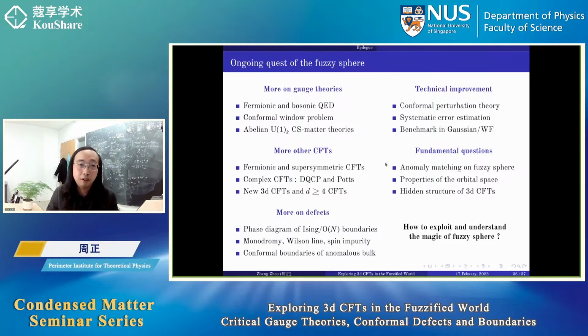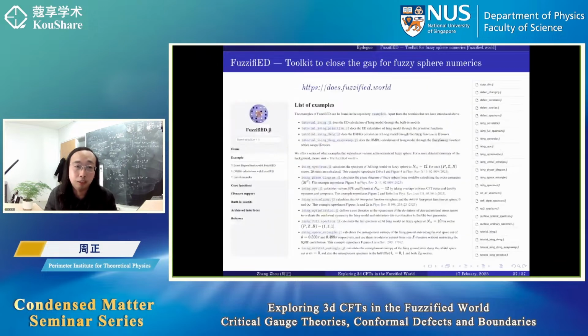Finally, to facilitate everyone doing numerics on the fuzzy sphere, we have developed this open source Julia package, fuzzified, which you can check on this website. Using this, you can produce almost all of the existing results on the fuzzy sphere.